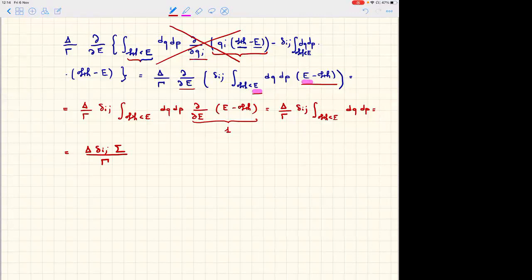Okay? Or delta ij sigma divided by, what is gamma of E divided by delta in the limit of delta going to 0?